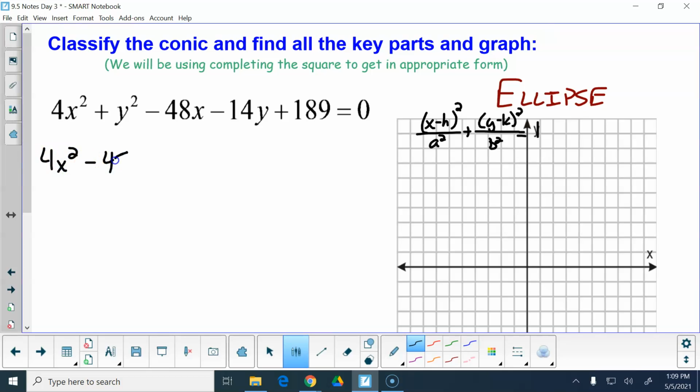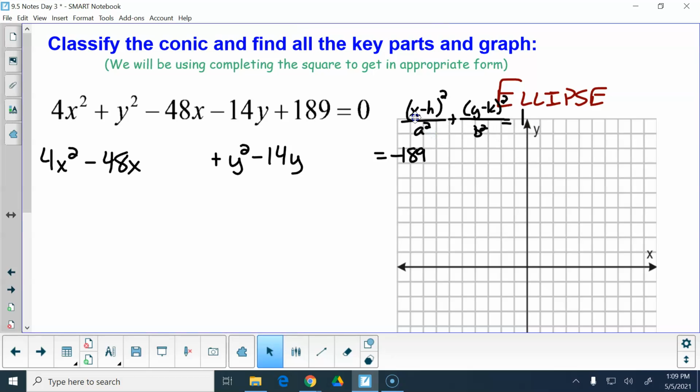So I'm going to group my x's together, leave a space, group my y's together, leave a space, and then put my numbers on the other side. Okay. So I really just moved the 189 over to the other side.